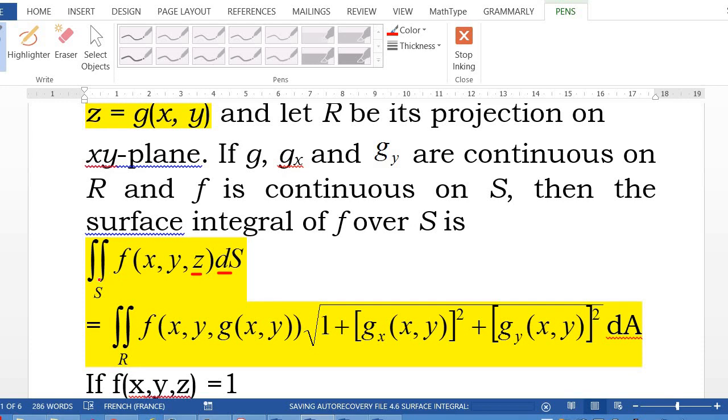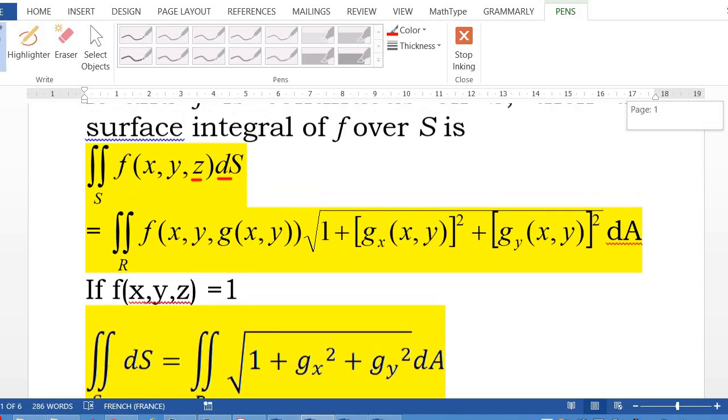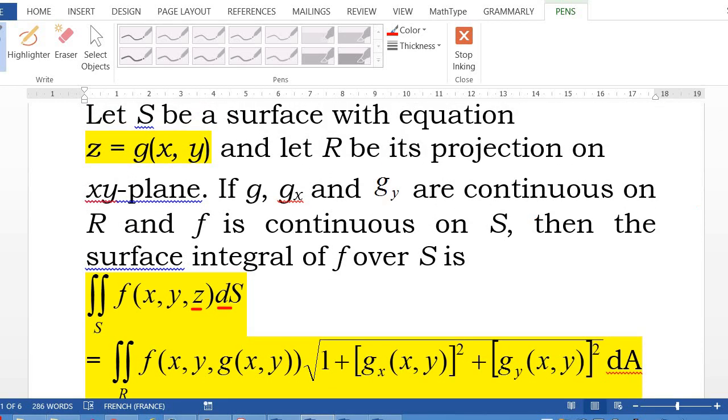Capital S here is one unit of surface area, as you obtain in a double integral. The surface area element ds is the formula square root of 1 plus gx squared plus gy squared dA, if the surface is given by z equal to g(x,y).